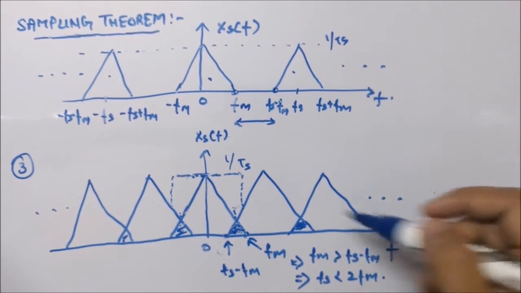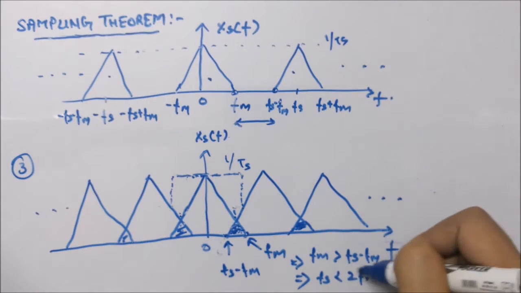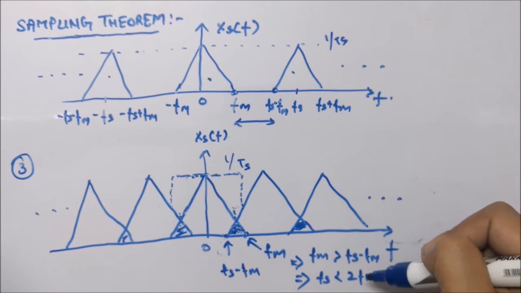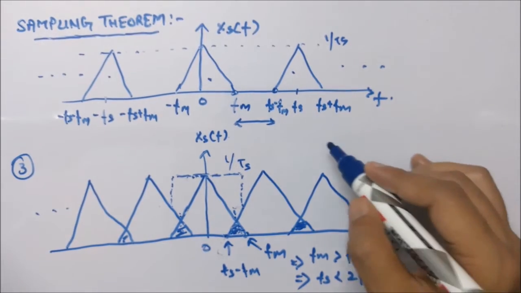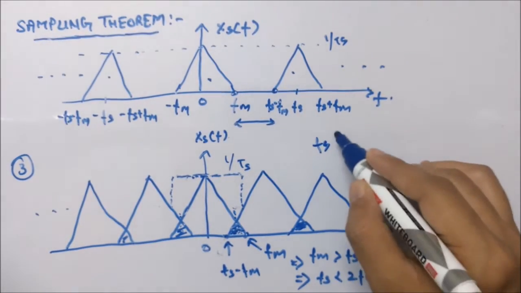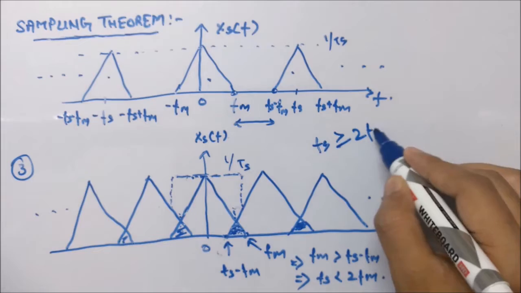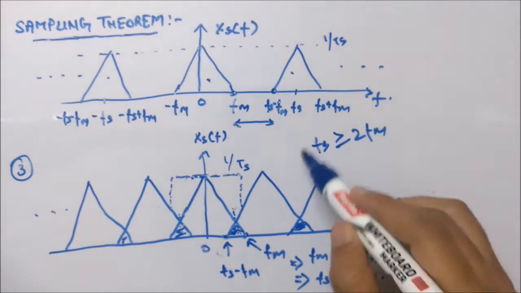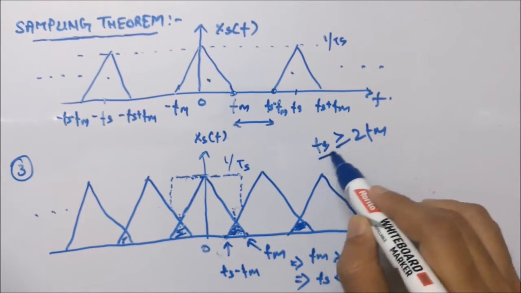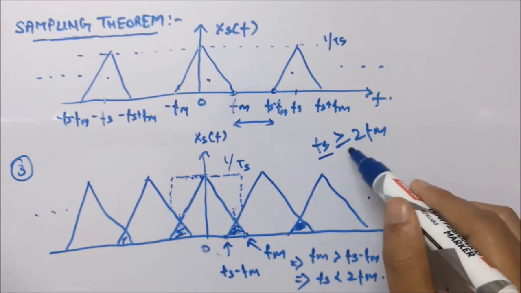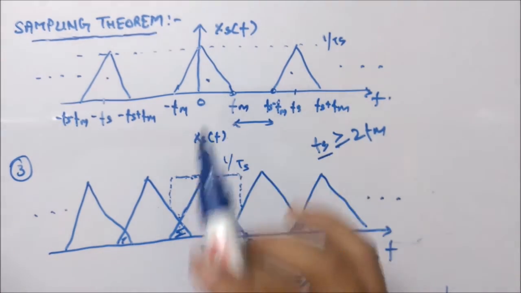That's why you avoid this range, fs less than 2 fm. You always keep your fs greater than or equal to 2 fm, because if you sample the signal following this equation, you will be able to recover your signal.